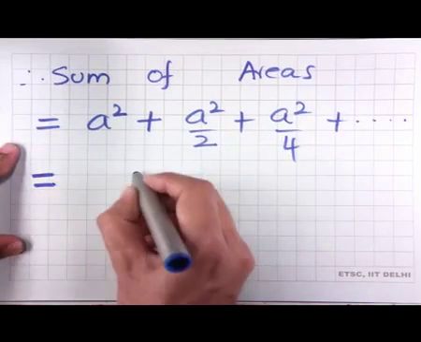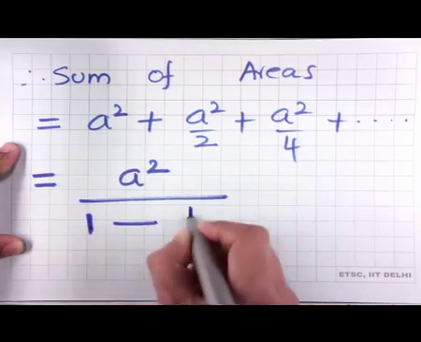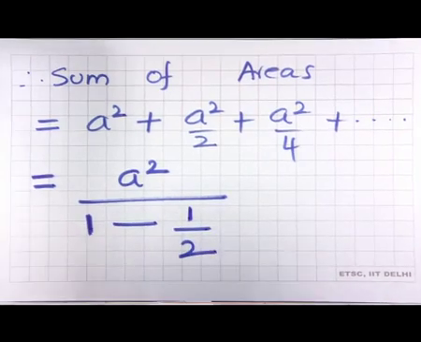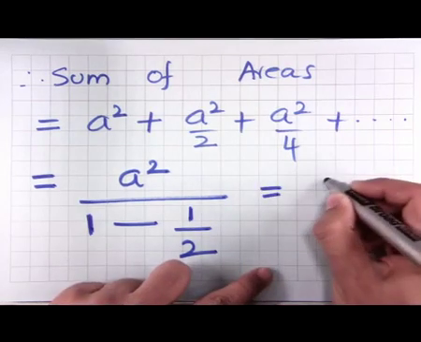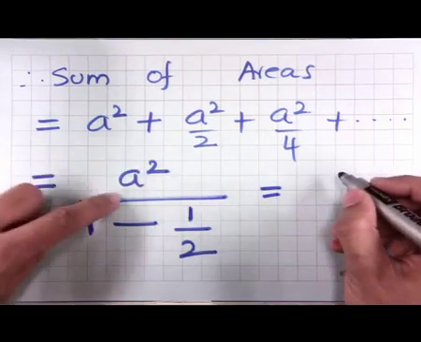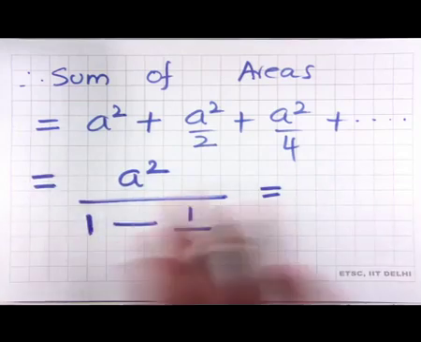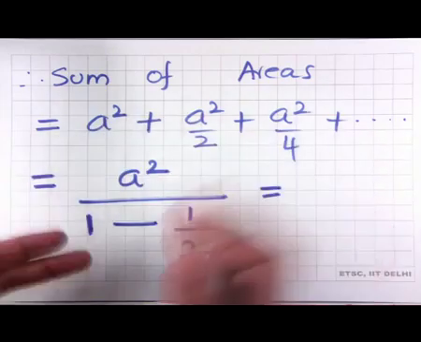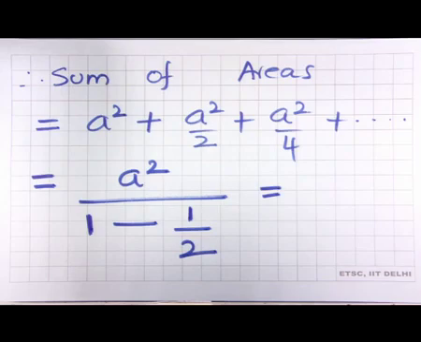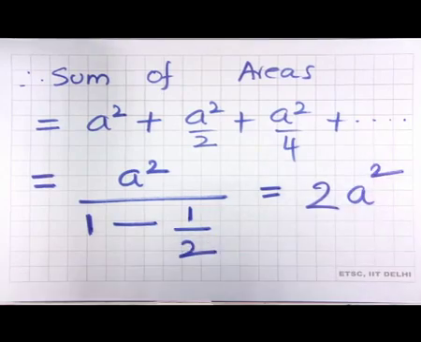So, the sum would be first term by 1 minus common ratio. Since the common ratio is less than 1, it is convergent, and that is how we could write a finite value for that infinite sum, which amounts to 2a square.